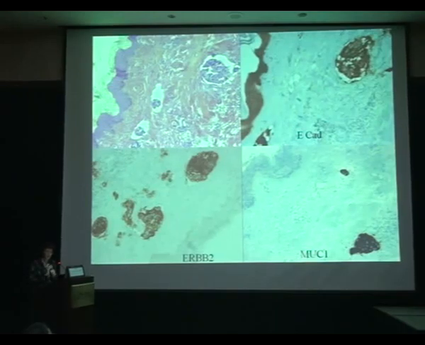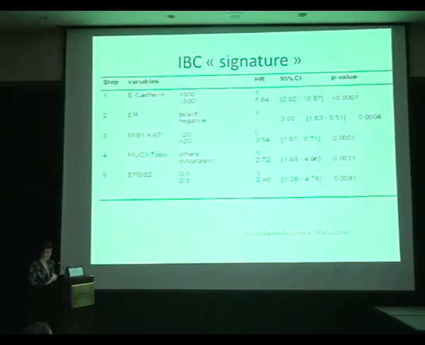They are E-cadherin positive, HER2 positive in many cases, and MUC1 positive. They described an immunohistochemical IBC signature with E-cadherin, ER, MIB1, Ki67, MUC1, and HER2.